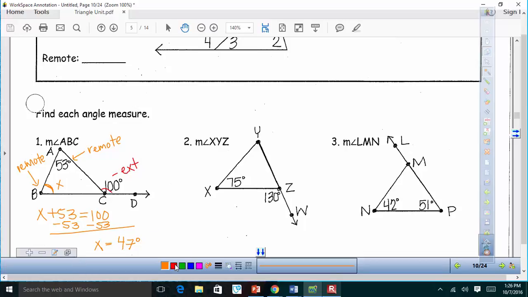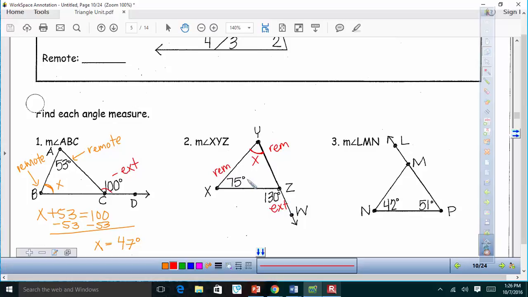Okay, let's try another one to make sure we got it. So in number 2, it asked me to find the measure of XYZ. So XYZ is this angle right here. What type angle is this? Remote. Okay, so this one's remote. What about 75? Remote. And what is 130?